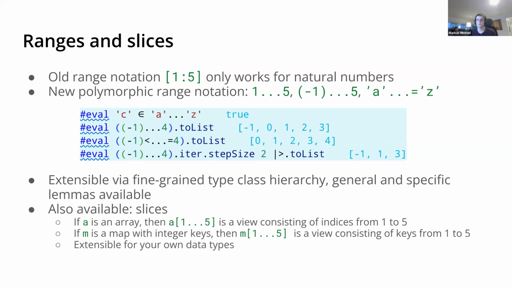And similar, but not quite the same, if you have a map with integer keys, then you can take a slice of that map to have the version of the map that only consists of the keys from 1 to 5 if they are present. And both of these are very cheap to construct because we basically just store a pair of the map and the ranges. And of course, this syntax is again completely extensible, so you can override this for your own data types and make use of existing infrastructure that we have built for this.